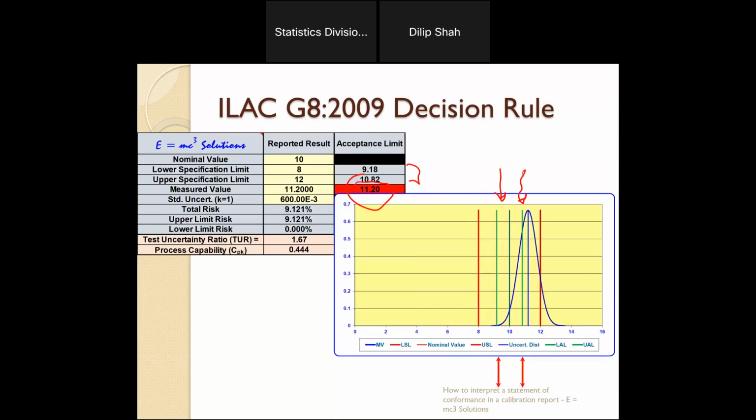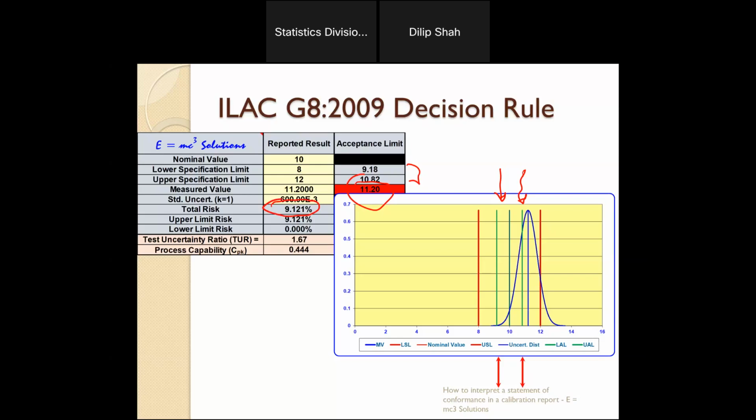Not employing a decision rule, meaning the simple traditional approach that it is within the specification, does not do us any good here. And you could see we are taking a great deal of risk, the 9% risk in this case, that it is going to be outside the actual specification of the instrument.